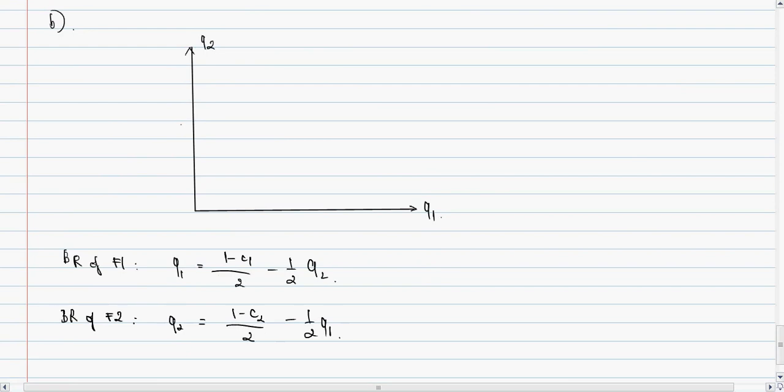So I will be doing firm 2 first, where Q2 is already on the vertical and is already the subject here. The vertical intercept for the best response function for firm 2 will be (1 - C2)/2, and the slope will be a half.